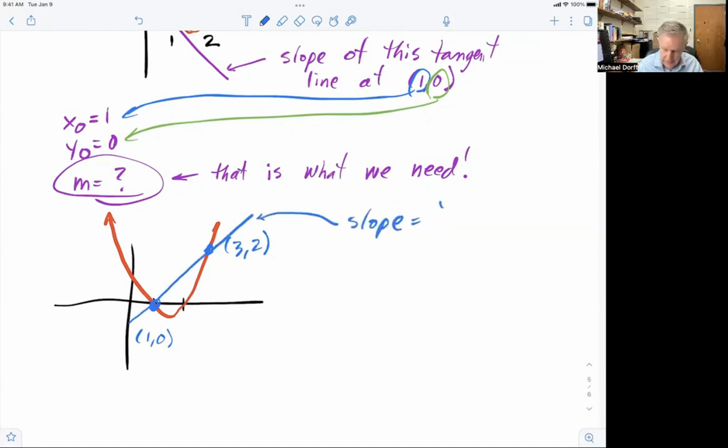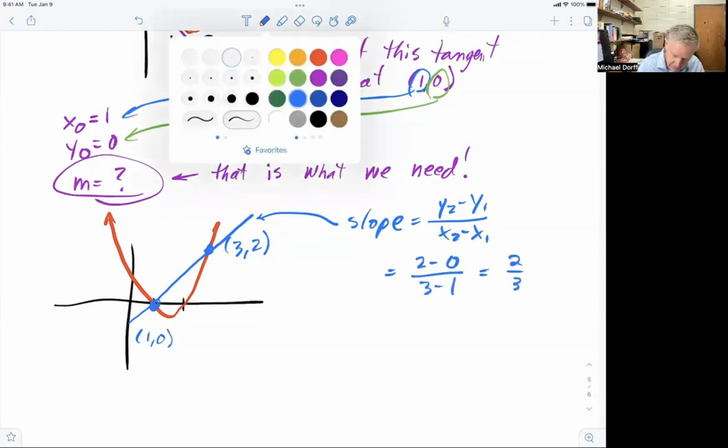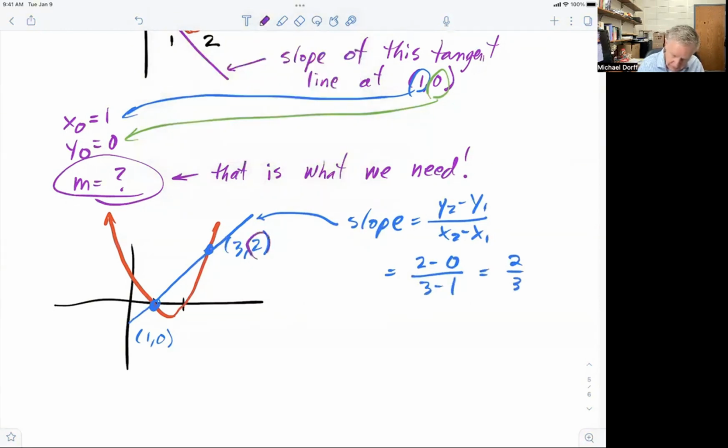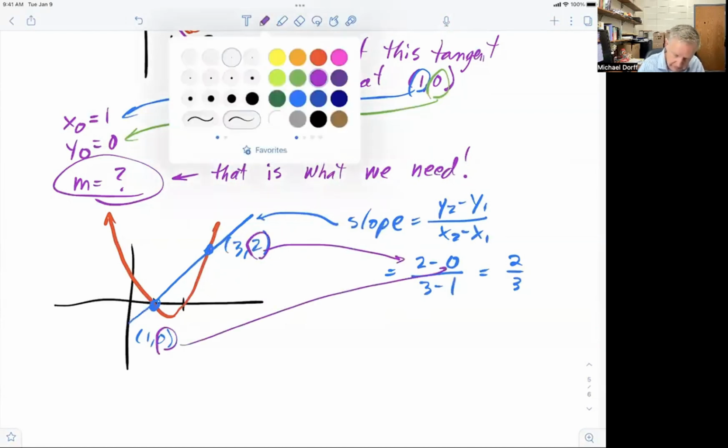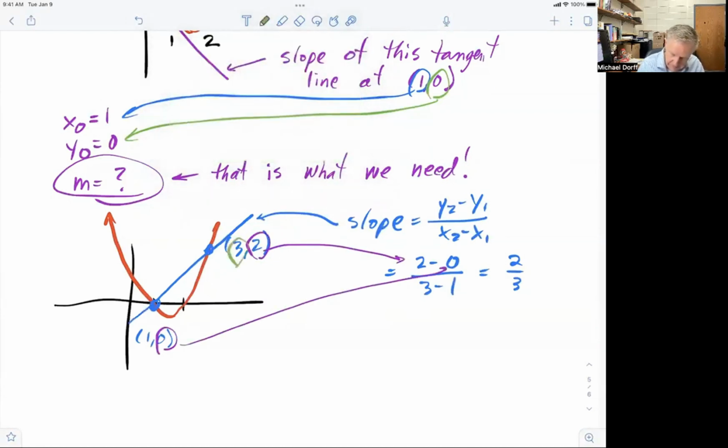The slope is y2 minus y1 over x2 minus x1. So in this case, 2 minus 0 over 3 minus 1, and that gives me 2/3. Just to make sure we're all on the same page, that 2 comes from there, the 0 goes there, and in the denominator, I've got the 3 for the x value here, and the 1 comes in there.